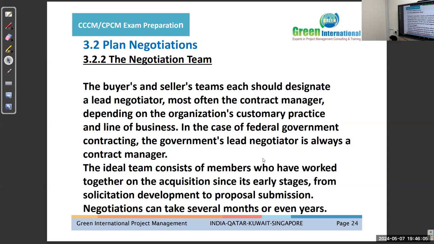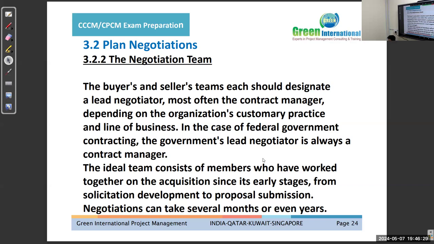The lead negotiator is most often the contract manager, depending on the organization's customary practice and line of business. In the case of federal government contracting, the lead negotiator is always a contract manager. The ideal team consists of members who have worked together on the acquisition since its early stages, from solicitation development to proposal submission.